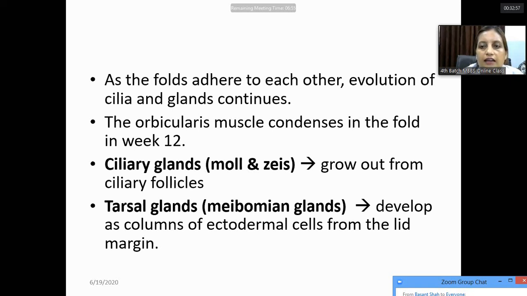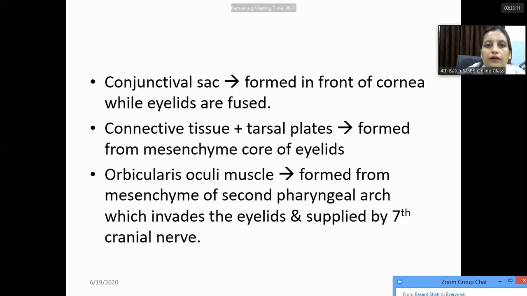So ciliary glands grow out from the ciliary follicles, and the tarsal gland, which is the meibomian gland, develops as a column of ectodermal cells from the eyelid margin. The conjunctival sac forms in front of the cornea while the eyelids are fused, and connective tissue and the tarsal plate form from the mesenchyme of the eyelid.